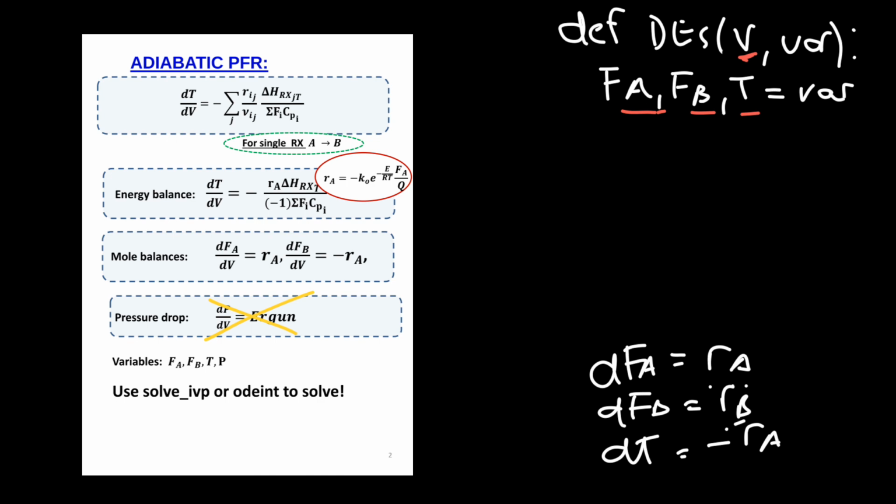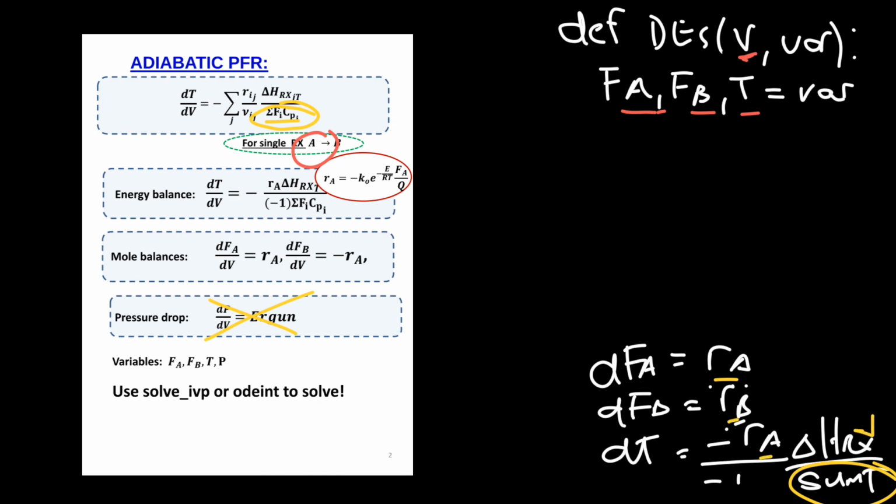You can also write it in terms of RB, and I can divide it by the stoichiometric number for A in this equation, which is of course -1, multiplied by del H reaction, divided by the sum term. So the sum term is now the variable where I sum for all my energy carrying capacity terms, Fi times Cp. So now I must make sure that I populate all these unknowns in these equations.